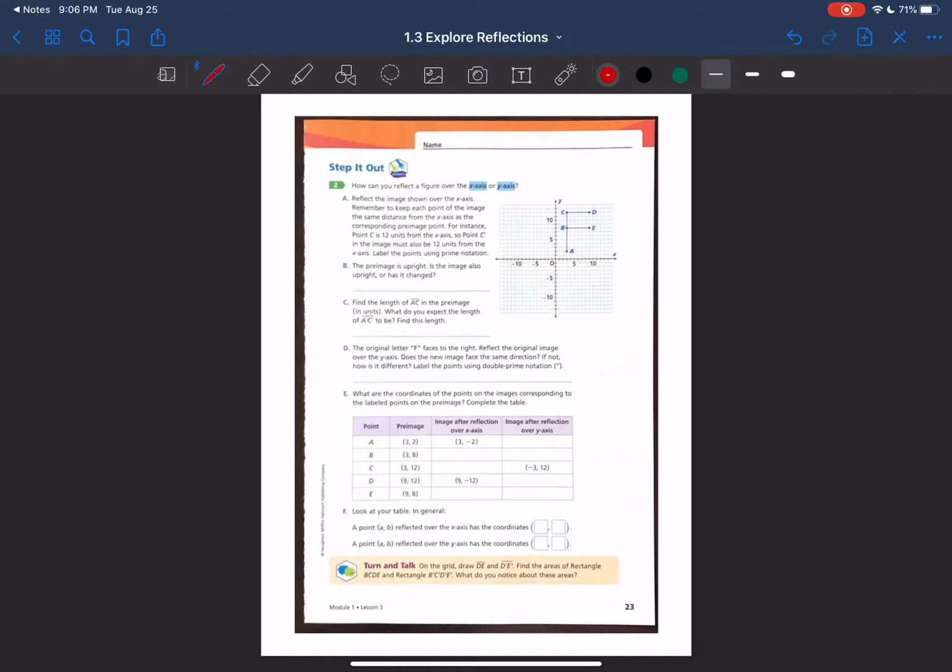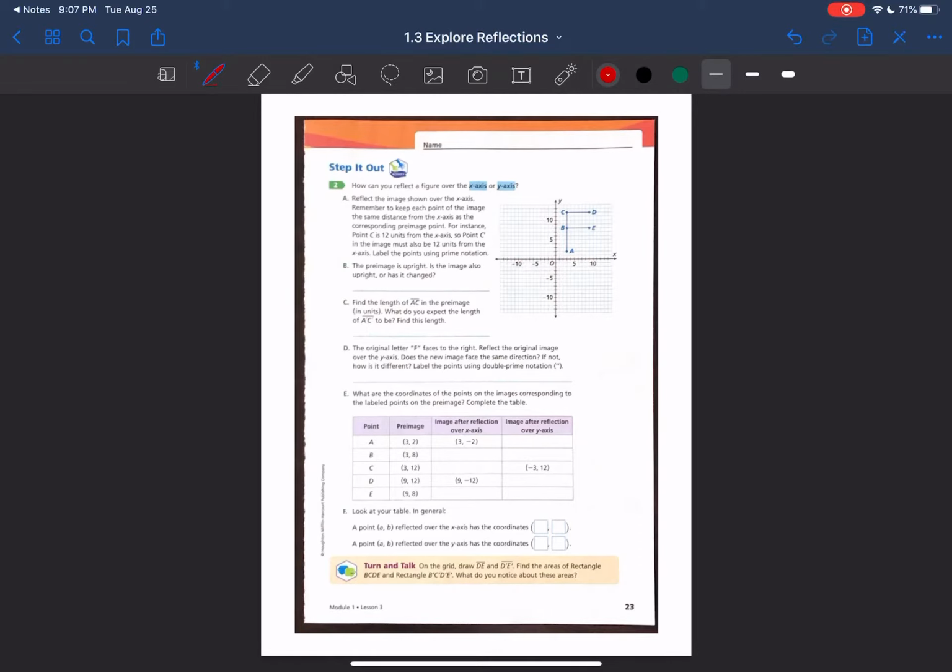All right, so in our workbooks, we're on page 23, and we're going to go through an example here. How can you reflect a figure over the x-axis or the y-axis? Reflect the image shown over the x-axis. Remember to keep each point of the image the same distance away from the x-axis as the corresponding pre-image point. For instance, point C is 12 units from the x-axis.